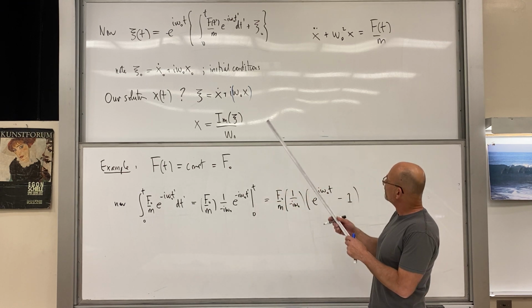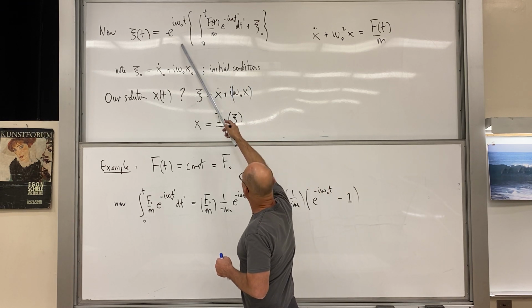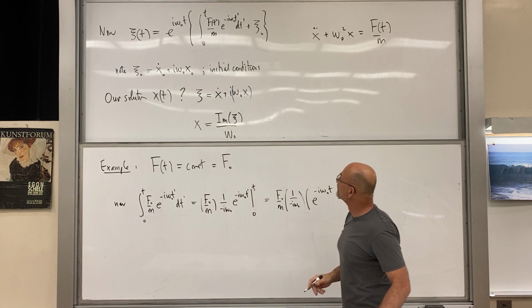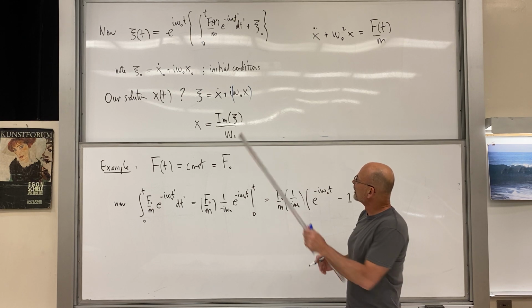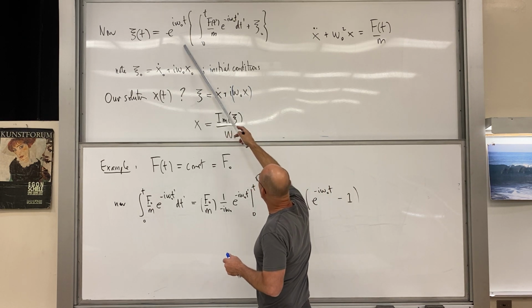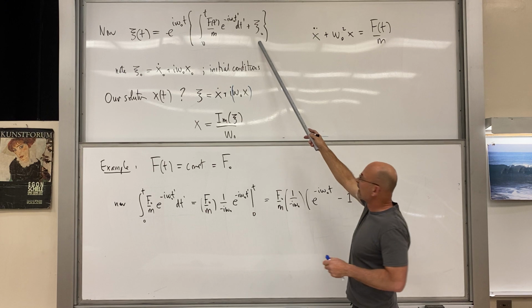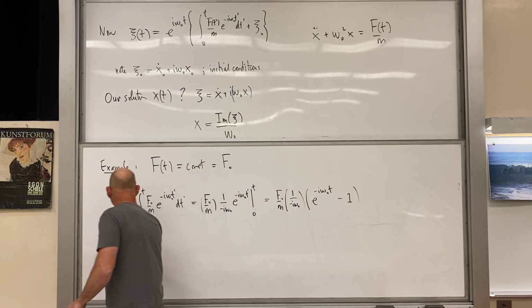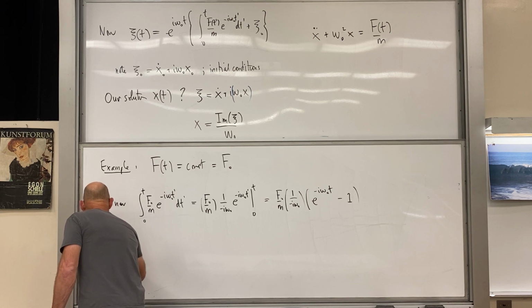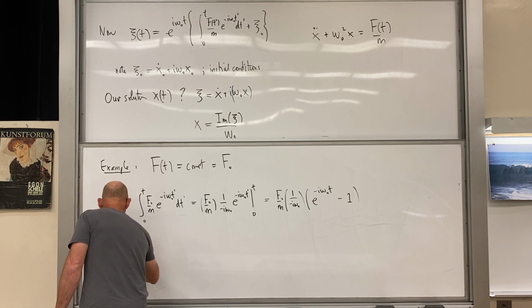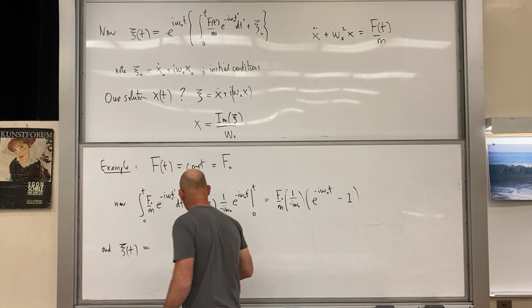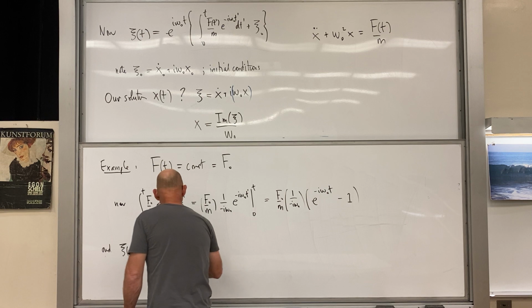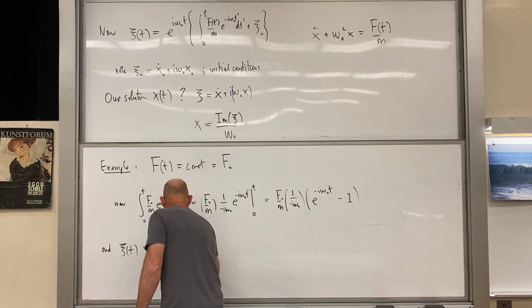And now we're going to multiply e to the i omega naught t to that right there. You notice this will multiply both objects in our parentheses. I haven't written down c sub 0 yet. And c of t is equal to F naught over m, 1 over minus i omega naught.